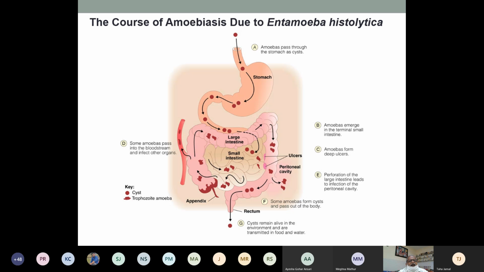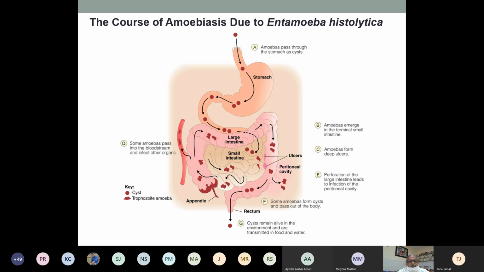This is a typical diagram showing the course of amoebiasis due to Entamoeba histolytica commonly seen in human beings. The amoeba passes through the stomach as a cyst. As the cyst is acid resistant, it can easily combat the acid secreted in the stomach.